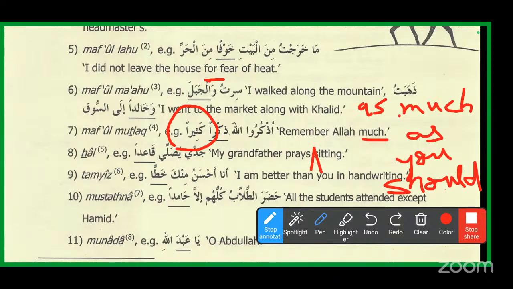This is my challenge. Go and check the English translations. Go and check the Urdu translations. Go and check the Gujarati translation. In any language, no one has ever translated this word properly, because in this sentence there are three takid.